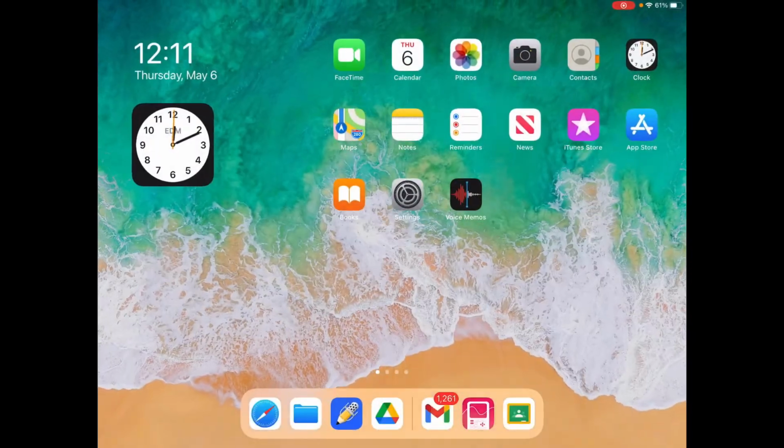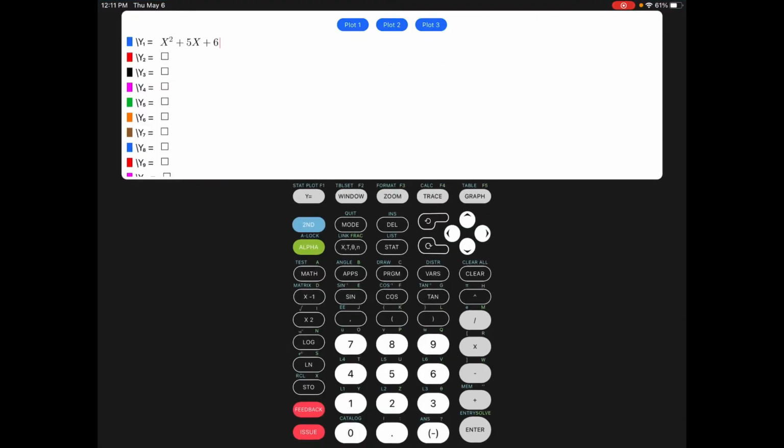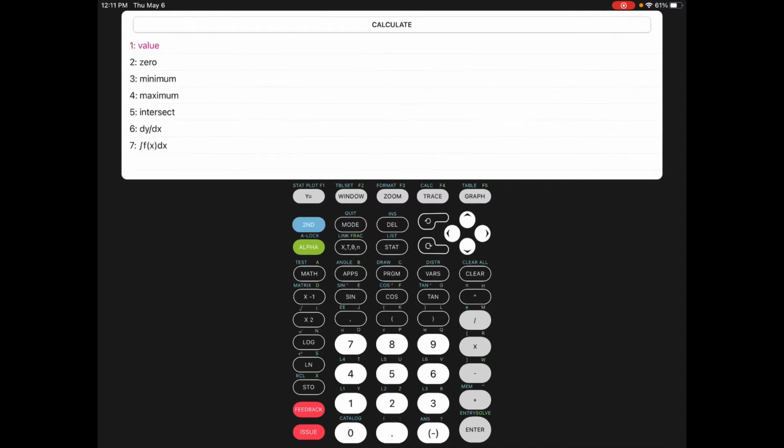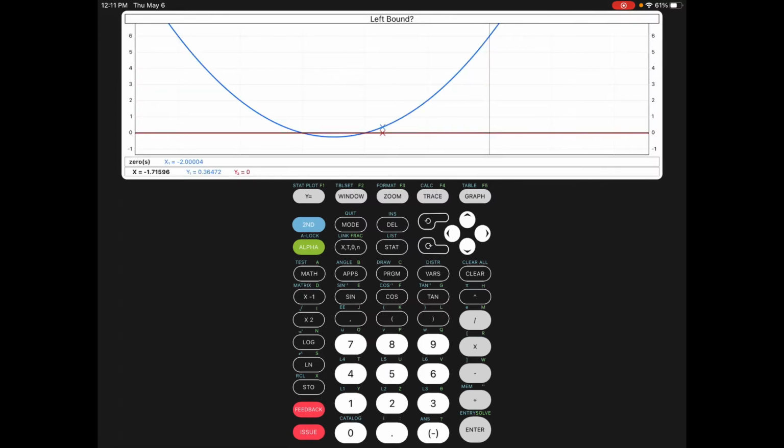Another way that I could have done that is I could have gone into y equals, and I could have entered y equals 0 as my second equation, the red line there, and I could say where do those two intersect, because y equals 0 is the equation of the x-axis. I can choose number 5, and it says go to the left boundary of where those two lines are. I just did that.